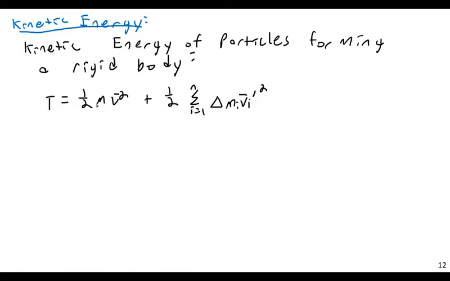Or we could also say this is equal to 1/2 m v bar squared plus 1/2 times the summation. I could change this to omega cross r i if I wished.